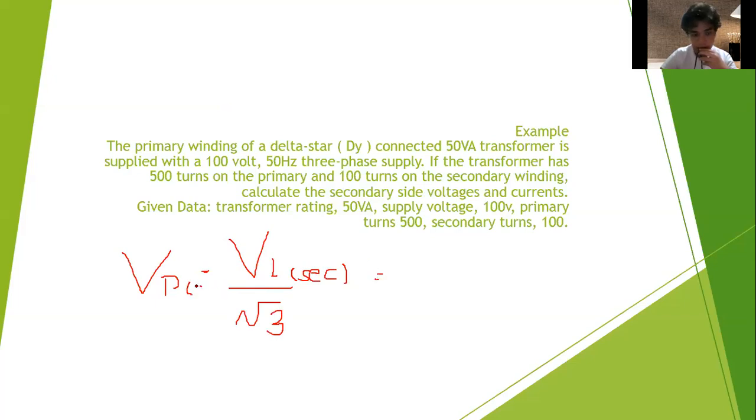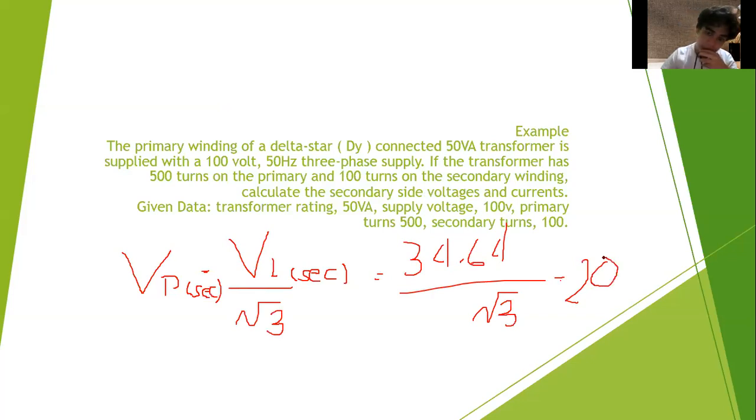This is for the secondary voltage. So for that, we will have 34.64 over square root of 3. Now the answer for that is 20 volts.